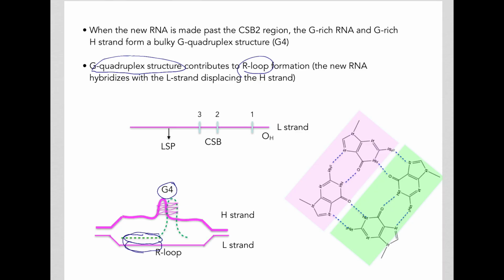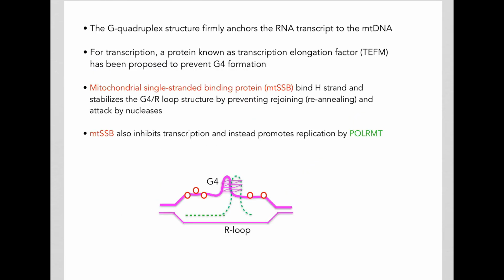You can see that here, displacing the H strand. So that forms what we call a R loop. So this G quadruplex structure together with the R loop will help firmly anchor the RNA transcript. So this new RNA transcript will be nicely attached to the mitochondrial DNA.